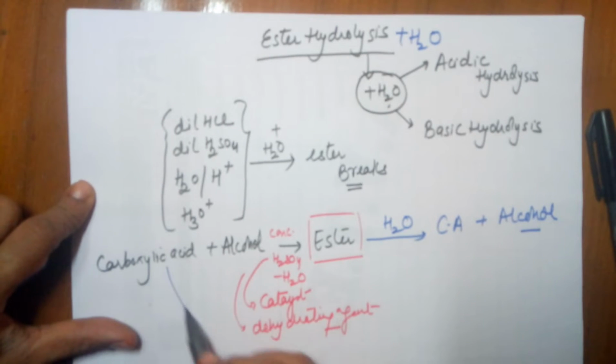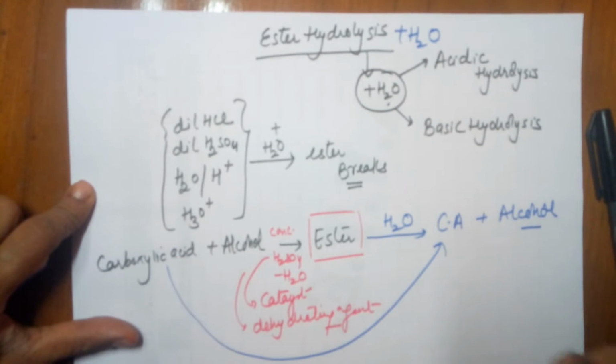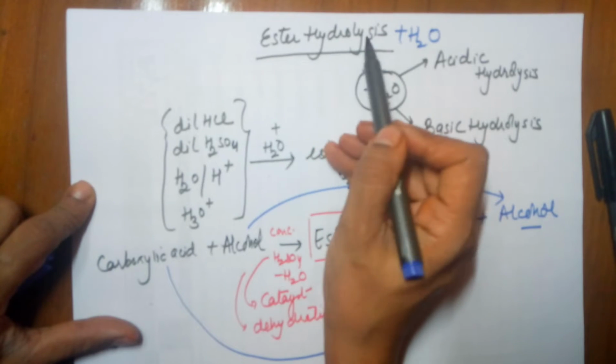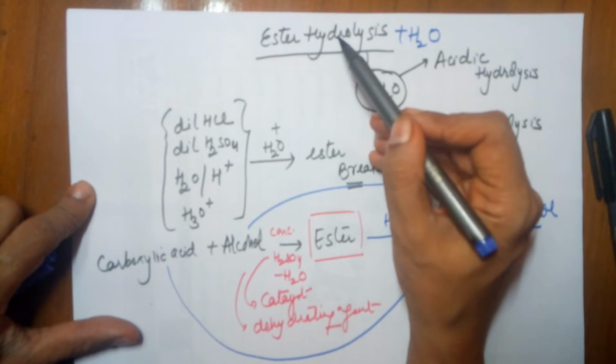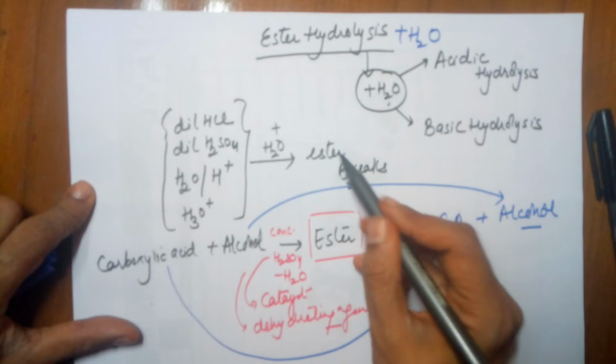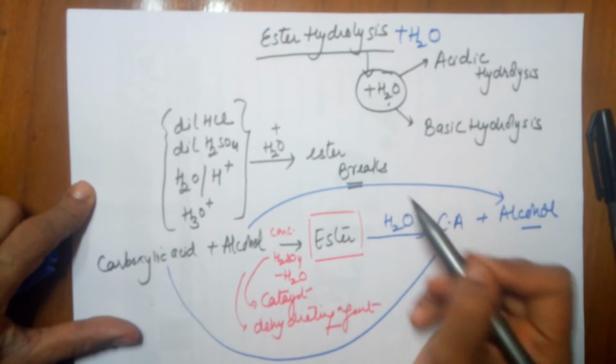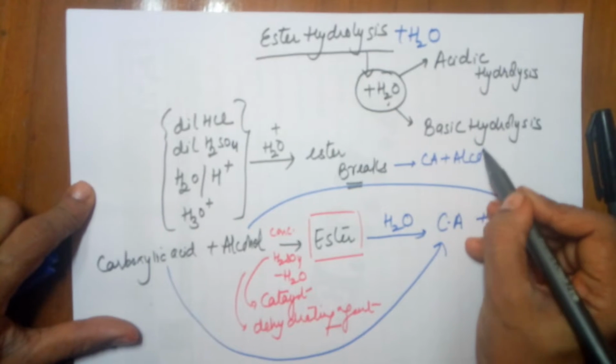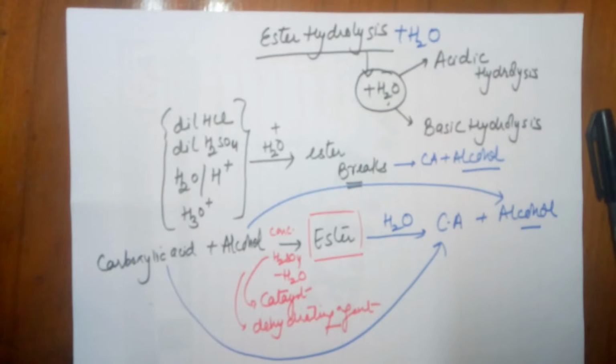The same carboxylic acid is regenerated and the same alcohol is regenerated back. So the concept is, ester hydrolysis is nothing but gain of water onto the ester to give you back its components, to break down to give you two components which are carboxylic acid plus alcohol. That is the base of the reaction that we are going to do today.